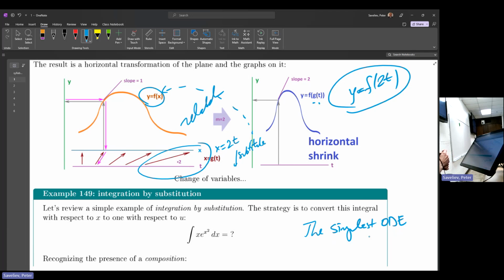Before we actually evaluate it, what's the ODE? The derivative of something is equal to something else. What is it? dx is equal to 1 over x times e to the x squared.